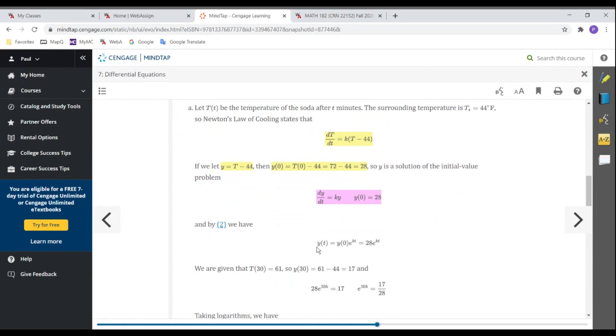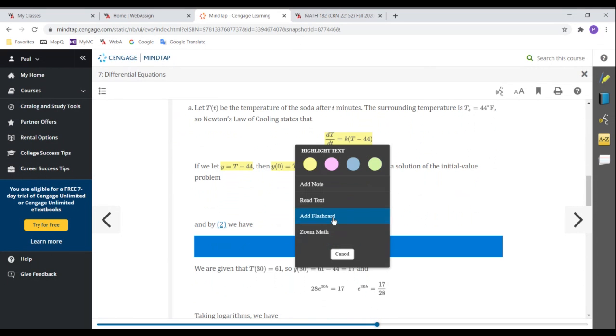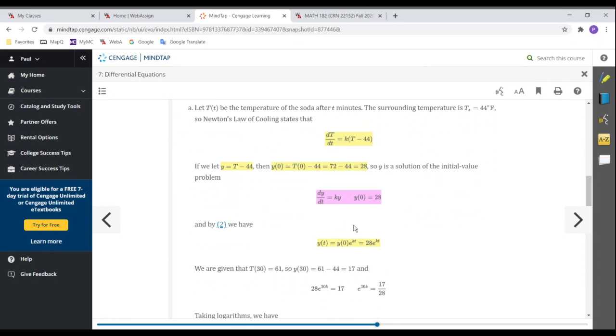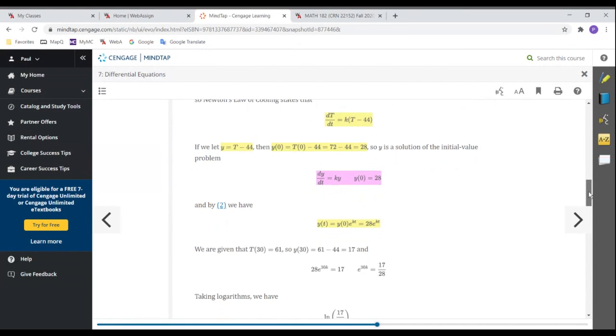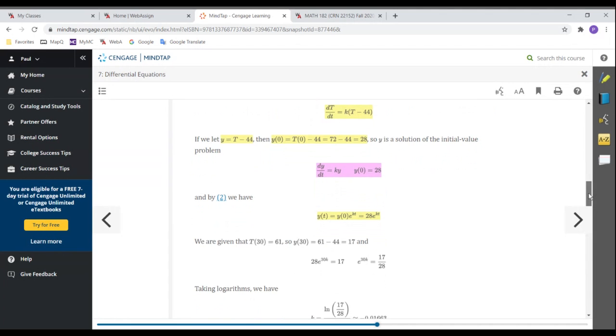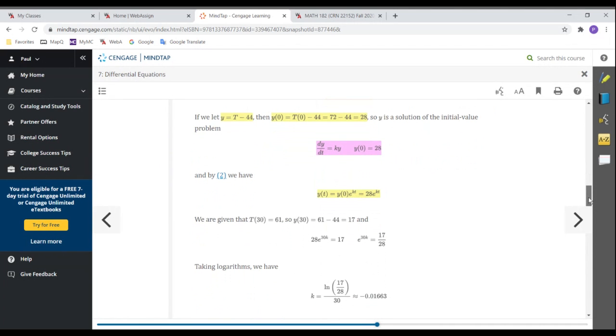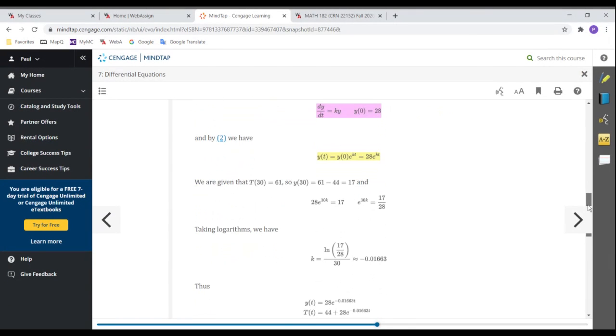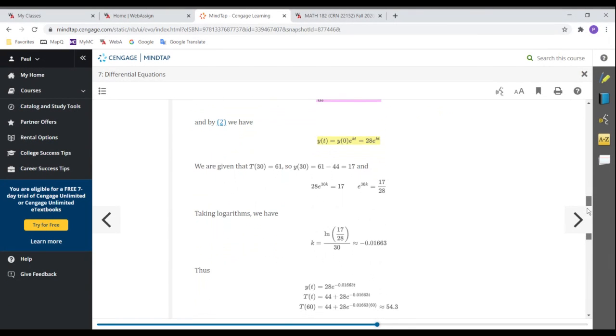Then you have a general formula for exponential decay models: y of t equals y at time 0 times e to the kt. That will equal 28 times e to the kt, and then you can solve for k.